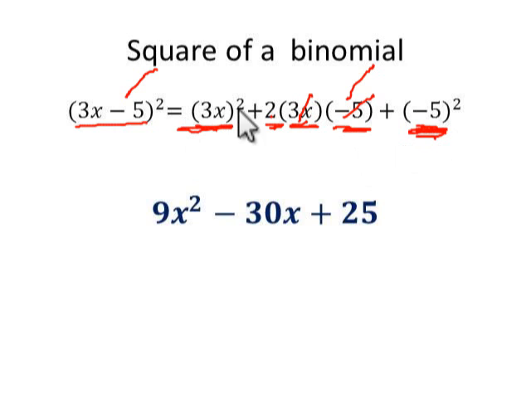Simplify lahat ng terms, 3x quantity square, and that is 9x squared. Then i-multiply natin 2 times 3x times negative 5, and that will be negative 30x. Then square of negative 5, and that is positive 25. Okay? So we have here 9x squared minus 30x plus 25 as your final answer.